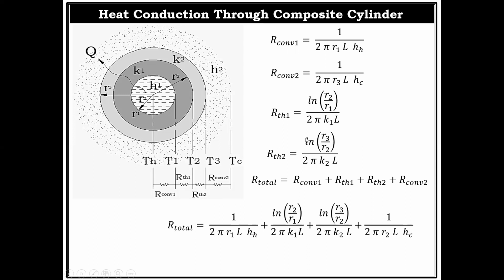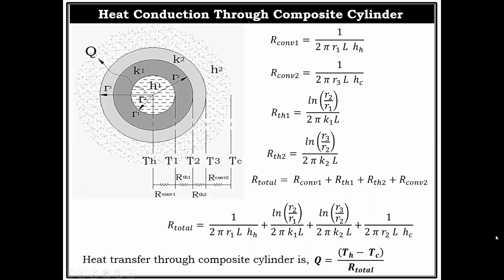So either we can find the individual resistances, or we can find our total by using this detailed formula. And once we know R total, the heat transfer rate through the composite cylinder will be Q is equal to dT upon R total, and in this case dT is Th minus Tc, divided by R total.